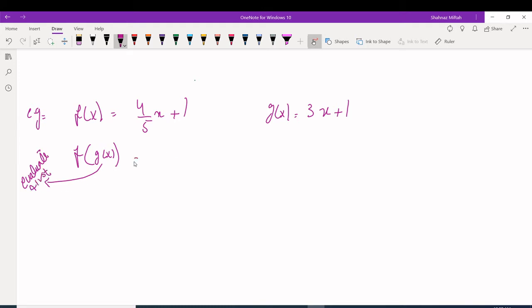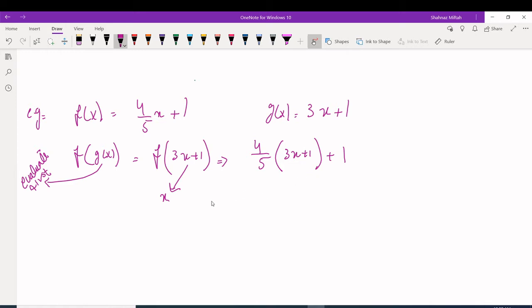So I'm going to plug in for f what is g of x. g of x is this function 3x plus 1, so I plug it in right there. Then I have f function, which is 4/5, and I plug in 3x plus 1 and plus 1 in that function. This is acting like an x.